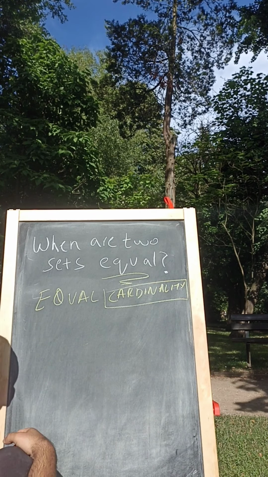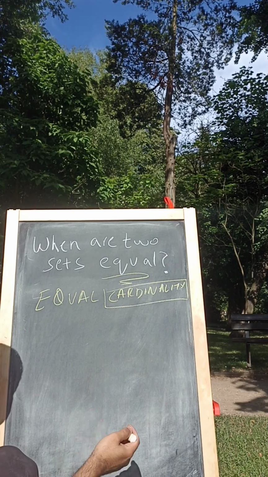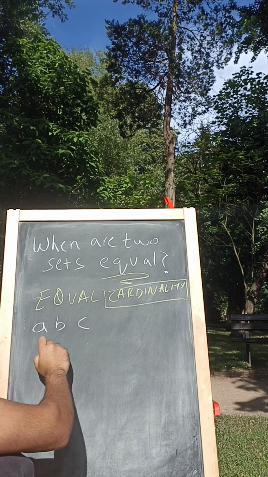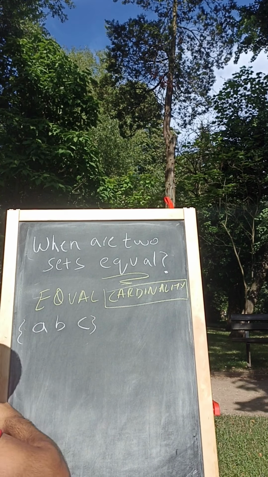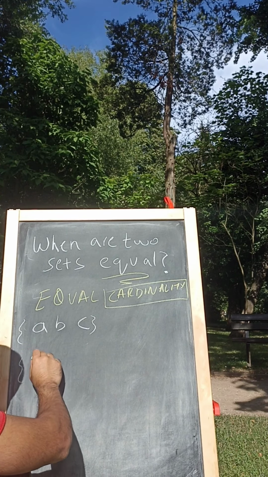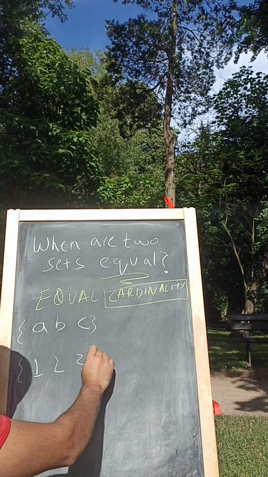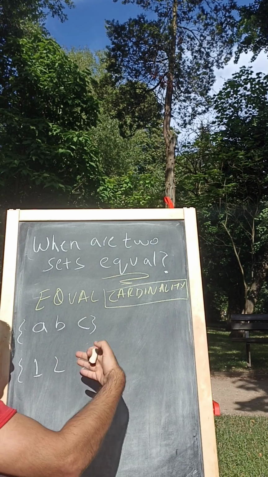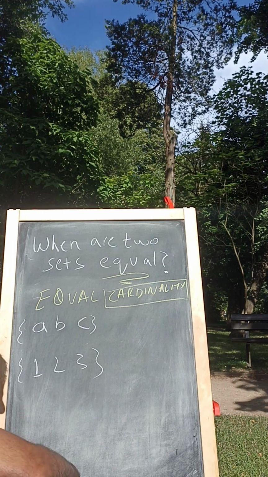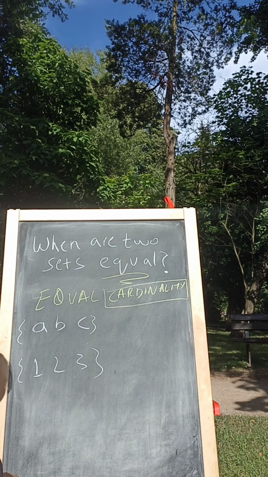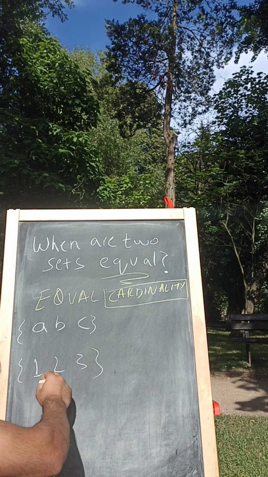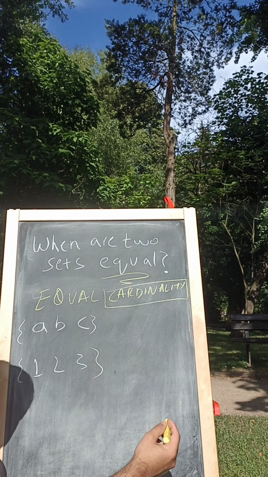Let's look at a basic example. Let's look at the set A, B, C, and compare it with the set 1, 2, 3. If I wanted to ask you how you know precisely that these two sets are equivalent, one really basic way of answering that question is that I can match each element to another element.